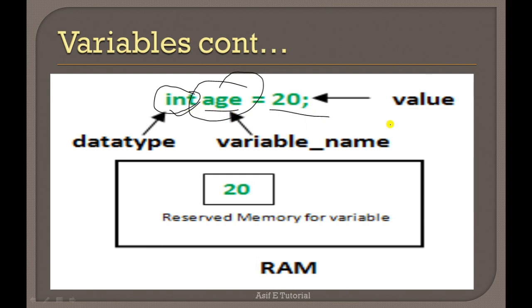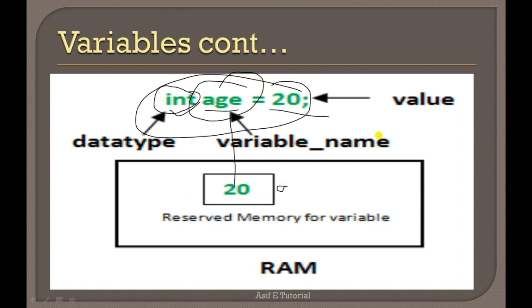So it means when this statement executes, it will reserve a memory in the RAM for the variable, and the name of the memory will be the same as the variable name, and the 20 will be stored in that memory.